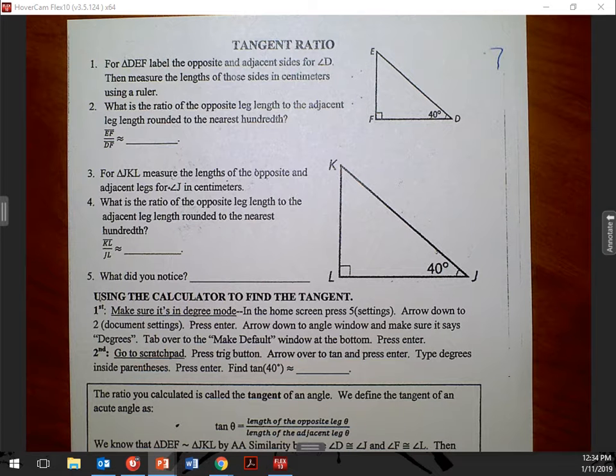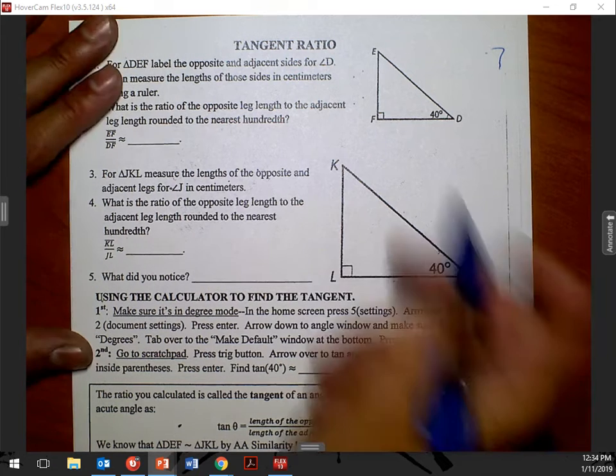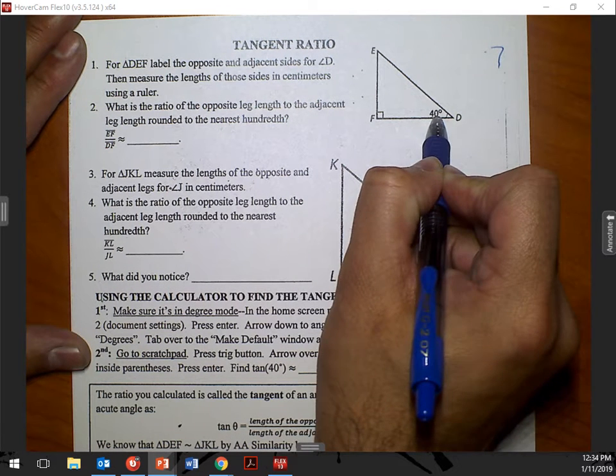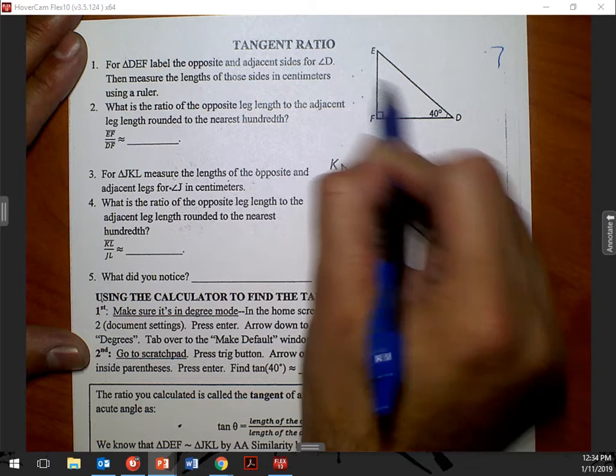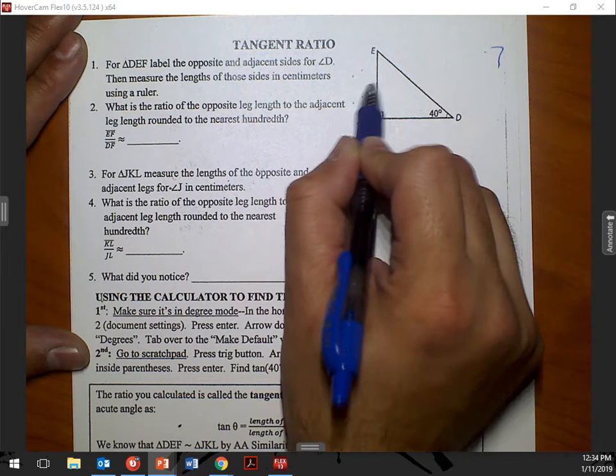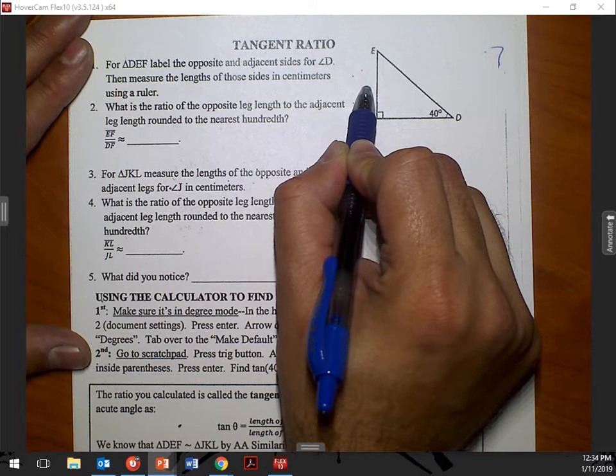D. Thank you. D is the reference angle here, right? I always have to have a reference angle. I always have to have a starting place to be able to do any of this. D is the reference angle, right? So this side over here is?